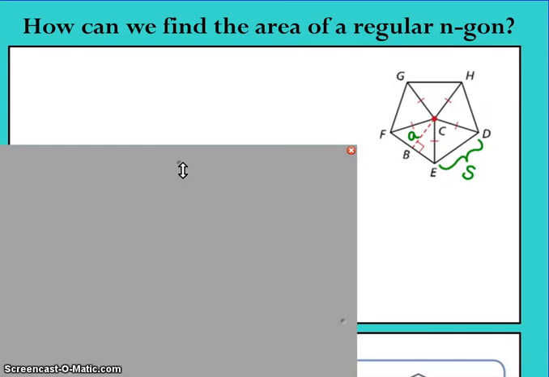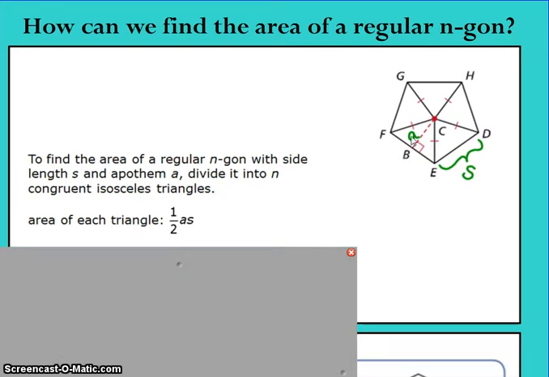Now the area of each triangle is actually going to be 1/2 times the apothem times the side, because the area of a triangle is 1/2 base times height. This is the base of triangle FCE, and this is the height of triangle FCE. So it is our job to find the area of the triangle.